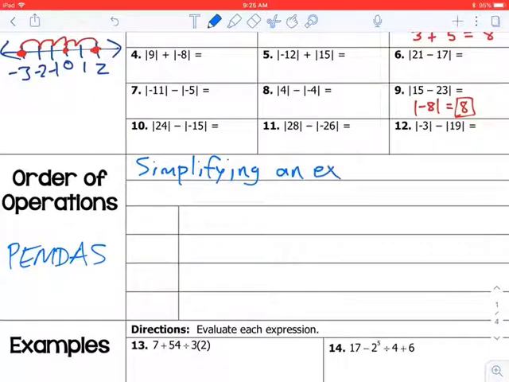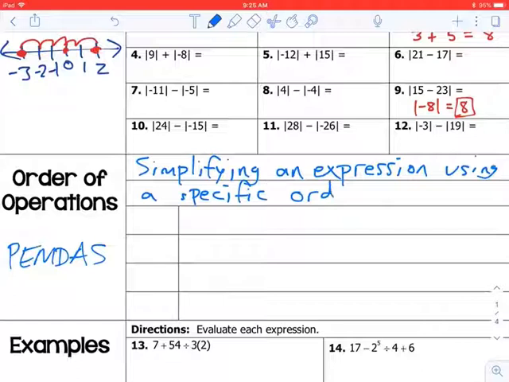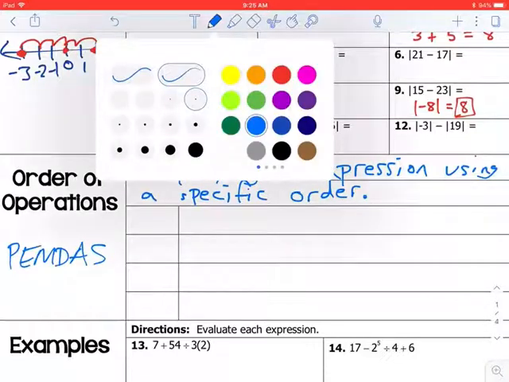So an expression is just like a bunch of operations, like plus, minus, stuff like that. So we're simplifying an expression using a specific order. And the reason we use a specific order is because it's the correct order. You can't get the right answer a lot of the time if you use the wrong order, okay?